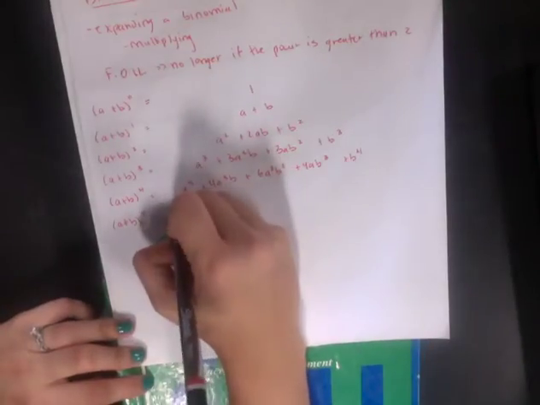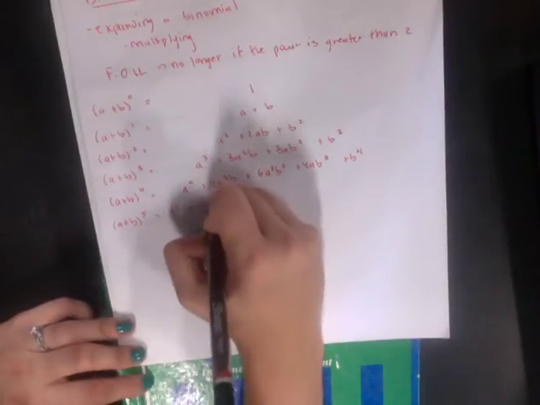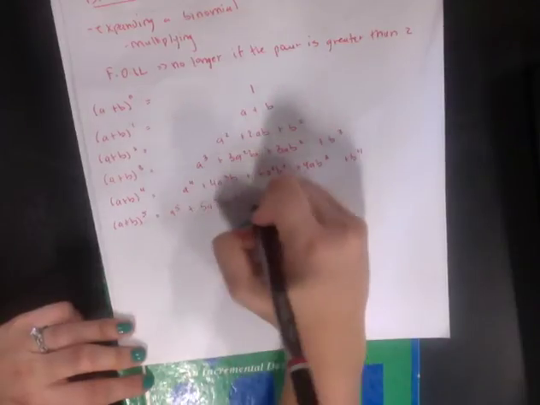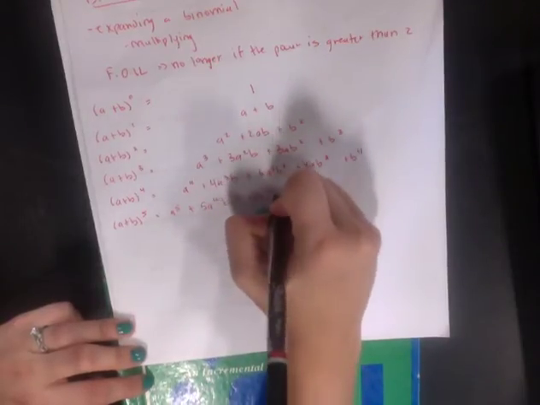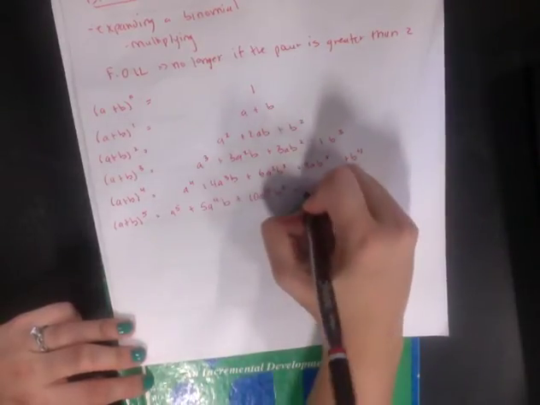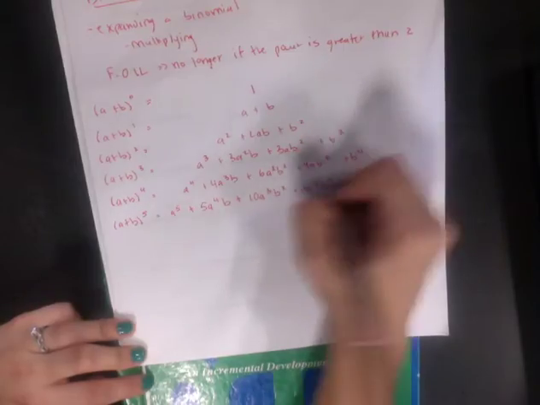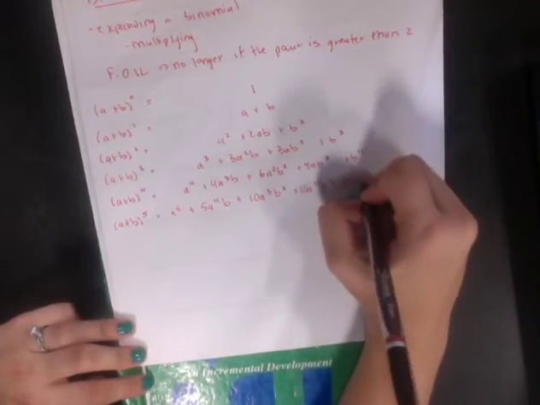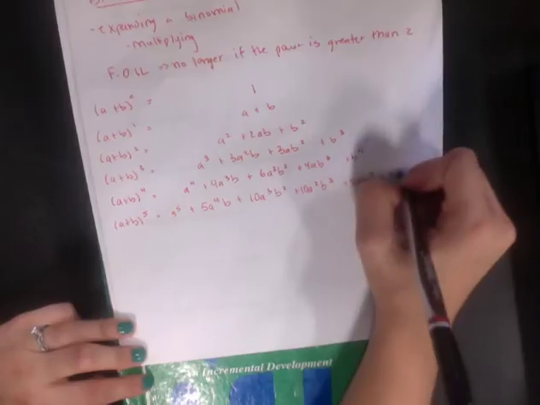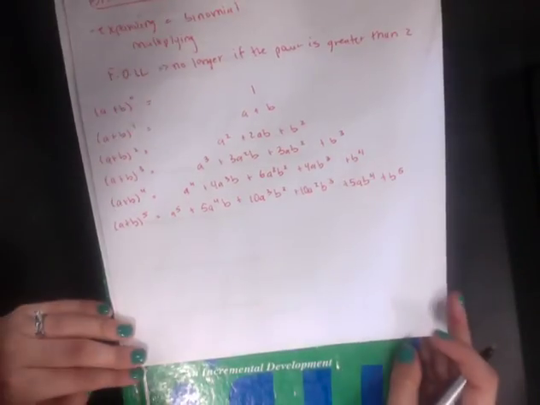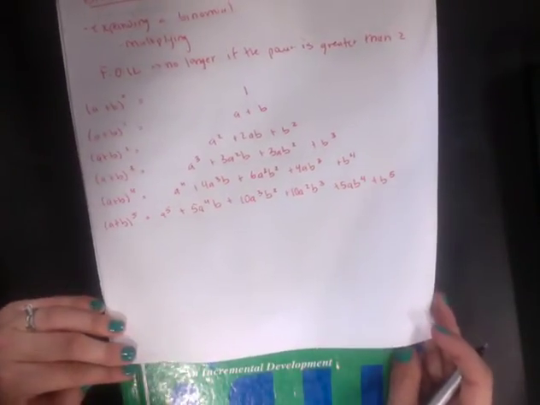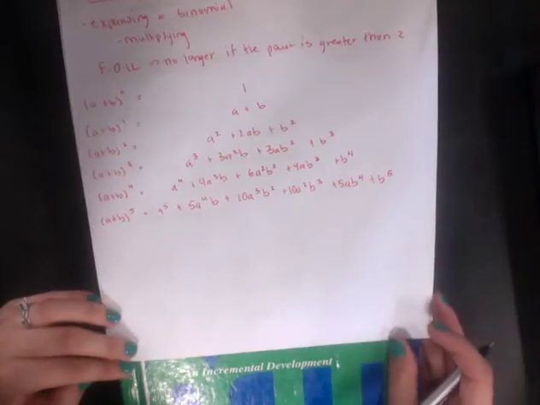I have a to the 5 plus 5a to the 4th b plus 10a cubed b squared plus 10a squared b cubed plus 5ab to the 4th plus b to the 5. That is my binomial expansion.